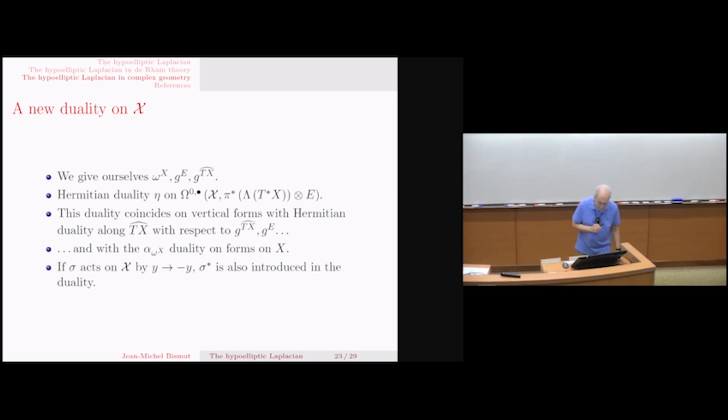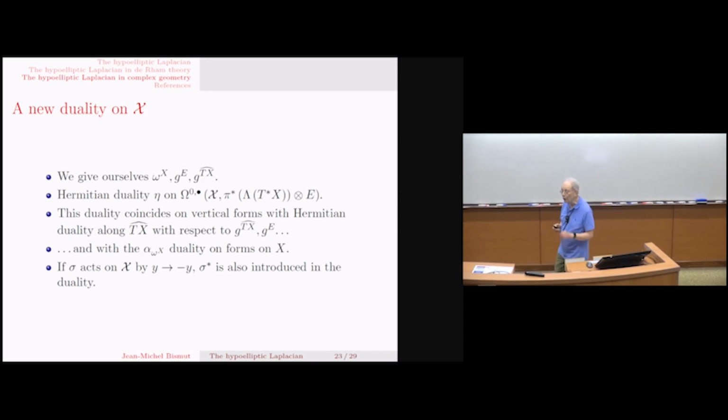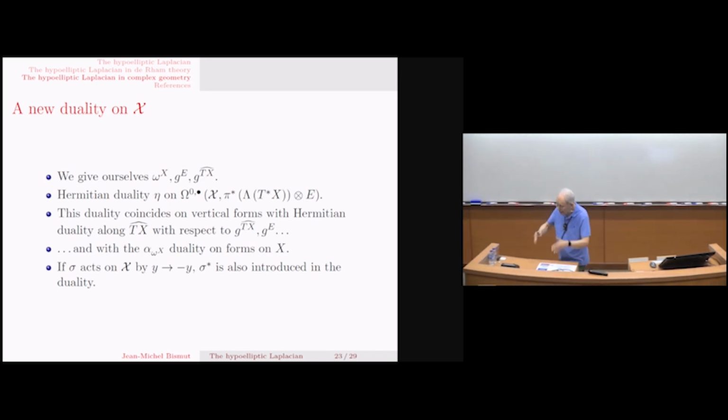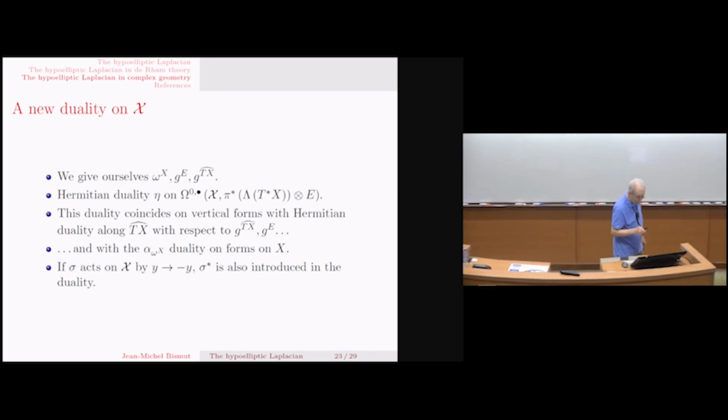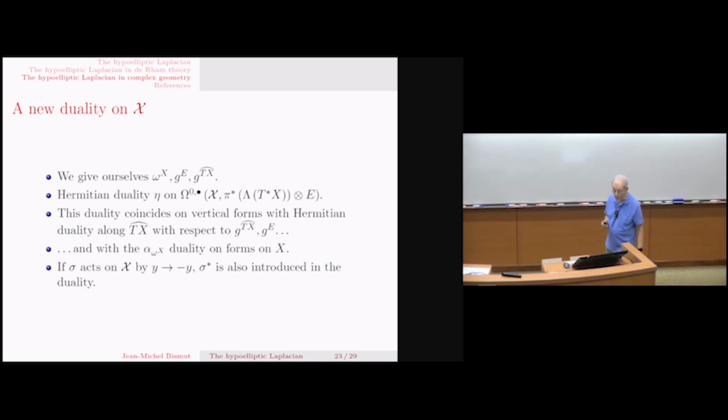So, actually, this duality coincides on vertical forms with Hermitian duality along the fiber and with the omega x duality based on the intersection product. Okay, so you combine the two. I will not explain, of course, the details.